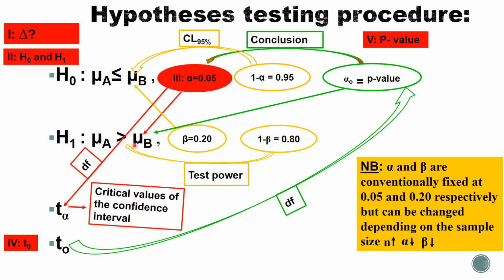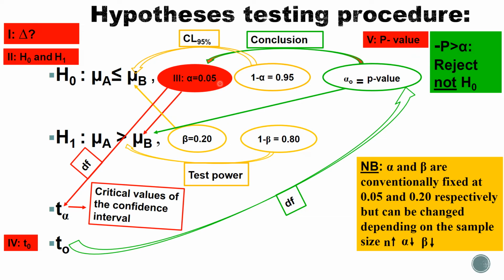And if there's a higher probability of this being due to random sampling error, then it means the null hypothesis is true. In actual sense there's no difference, but the little difference that we are observing is due to random sampling error. That's why the p-value is greater than the theoretical risk, alpha risk, or in other words, the theoretical random sampling error.